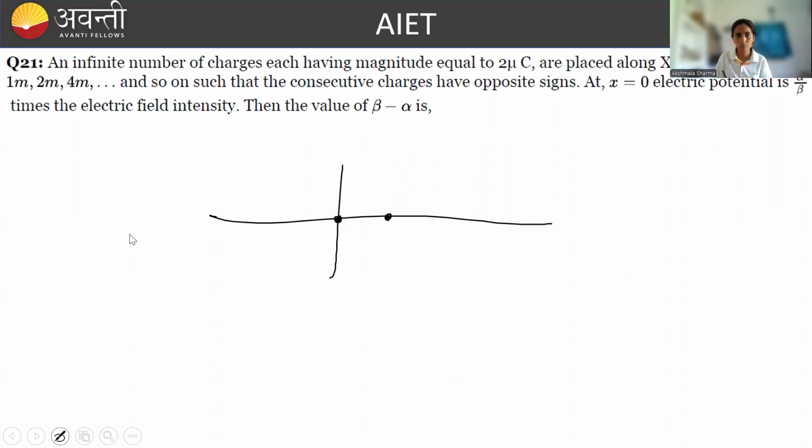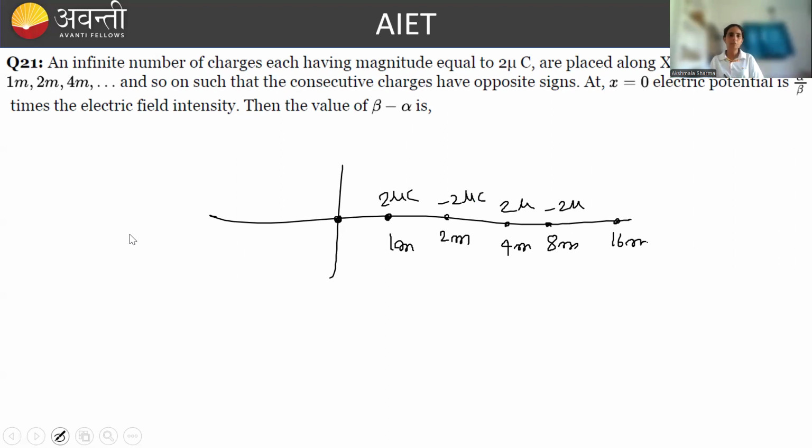First is kept at 1 meter, then 2 meter, then 4 meter, then 8 meter, then 16 meter, and so on, such that consecutive charges have opposite signs. So if the first is 2 microcoulomb, then the second is -2, again 2, then -2, like that.